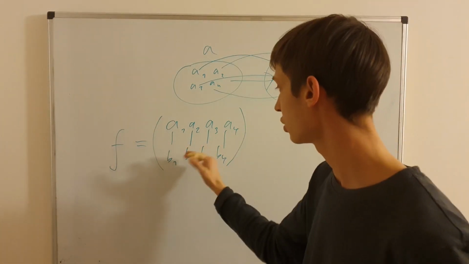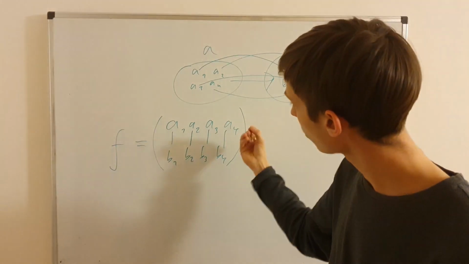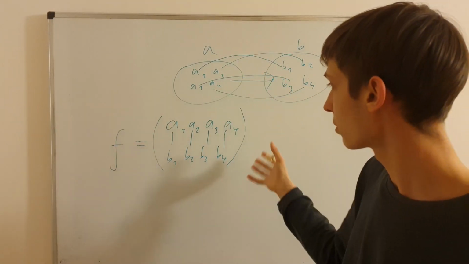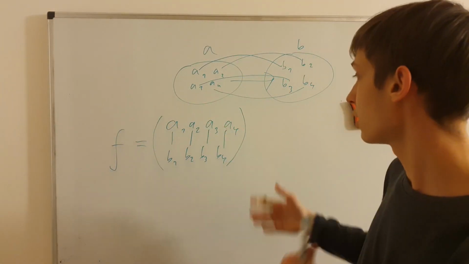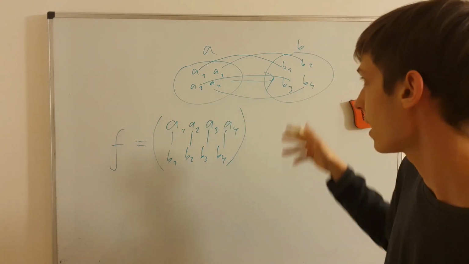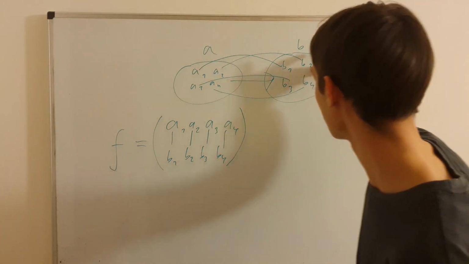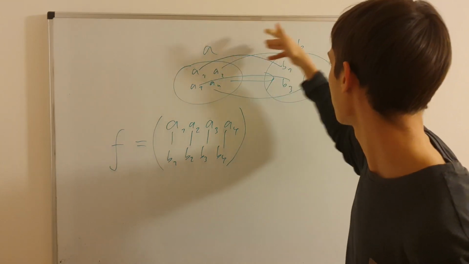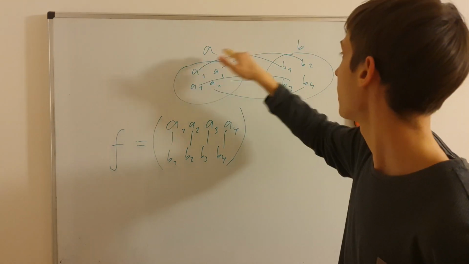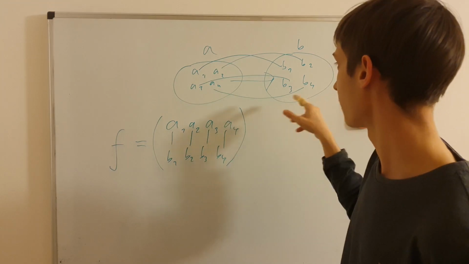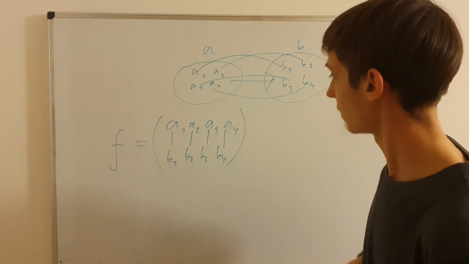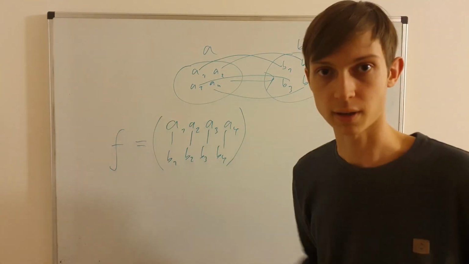One can just interchange the positions of the B's and get all the combinations of different individual elements from the A and B sets. Each has exactly one connected element corresponding to it according to this function.